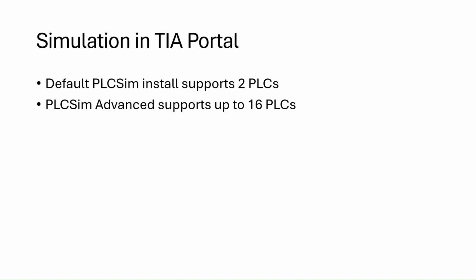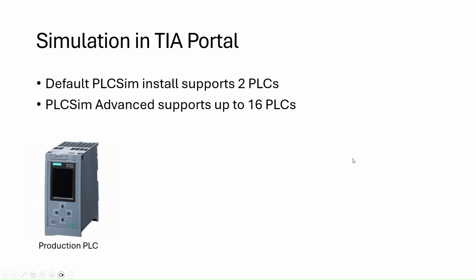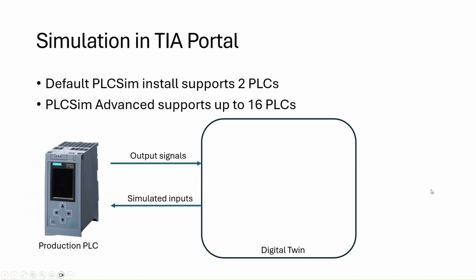So the way we want to use our PLC, if we have, for example, this PLC from production, we are just going to refrain to a basic project where we have one PLC. Here, for example, we have the S7-1500, and with that we have this PLC card. What we want to do now is implement the digital twin. And as I mentioned in previous chapters, we have the output signals from the production PLC to the digital twin.